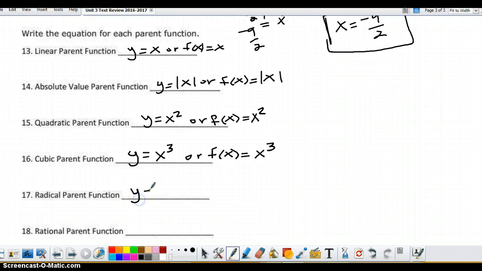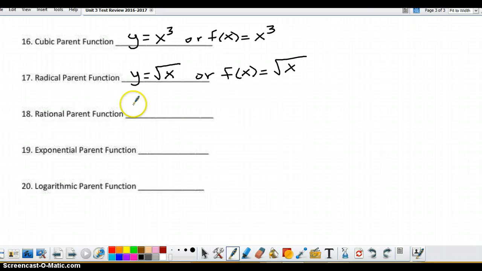Radical, y equals the square root, could be nth root, I'm pretty sure on the test it's square root of x, or f of x equals the square root of x. Rational, y equals 1 over x, or f of x equals 1 over x.